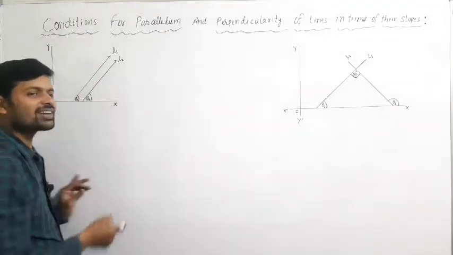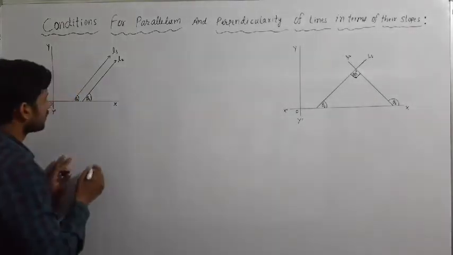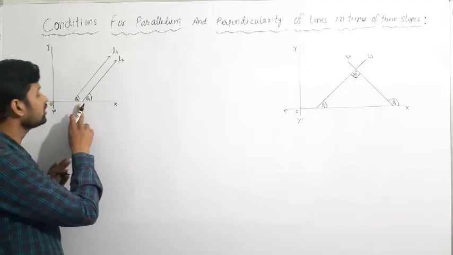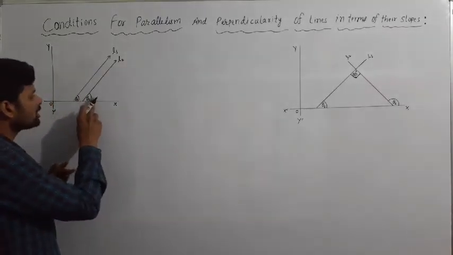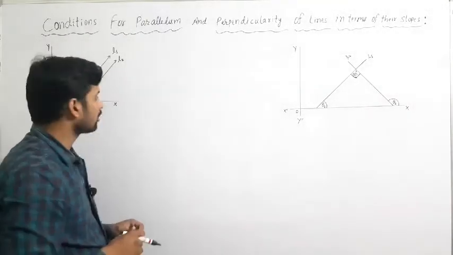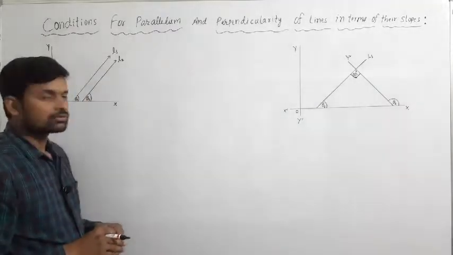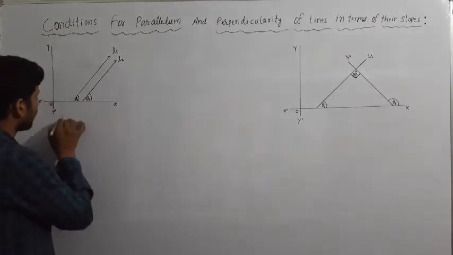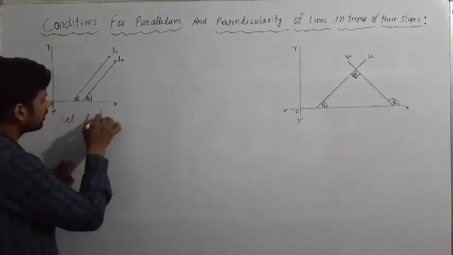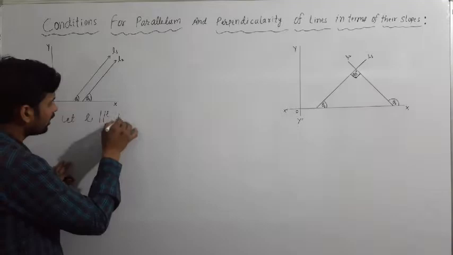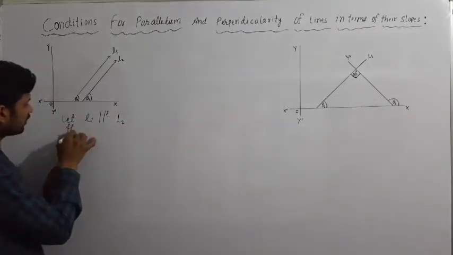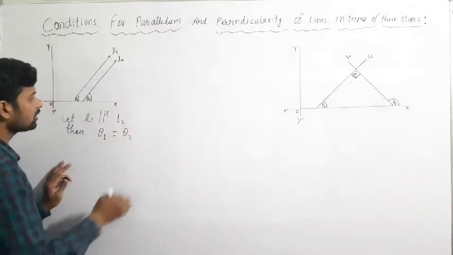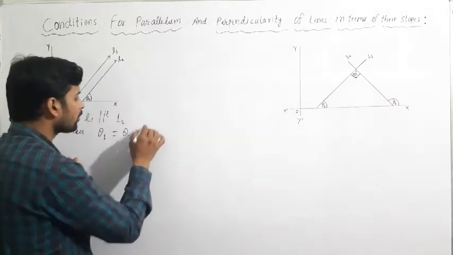Since these two lines are parallel to each other and the x-axis behaves like a transversal here, theta 1 must be equal to theta 2 by the concept of corresponding angles.